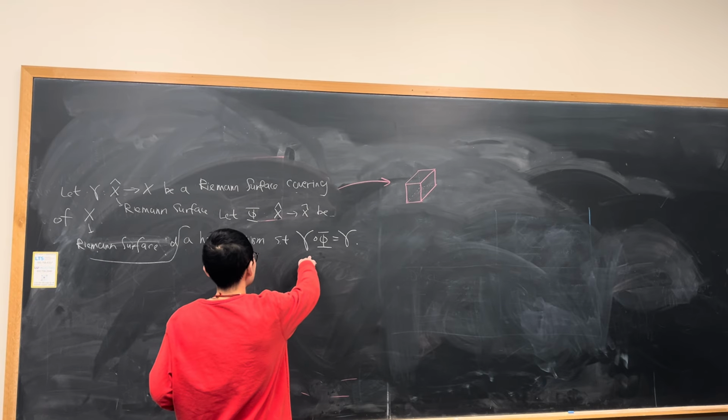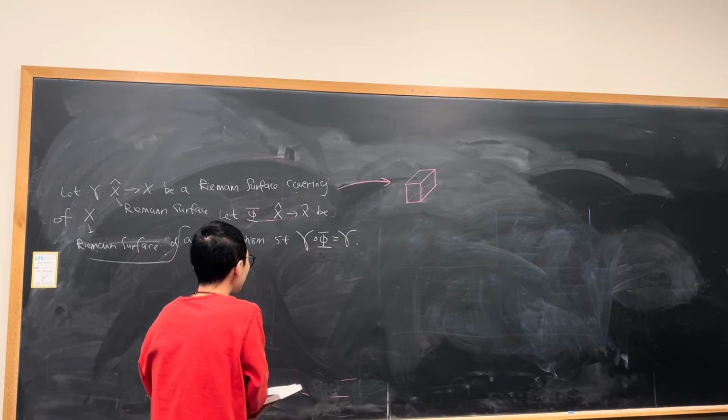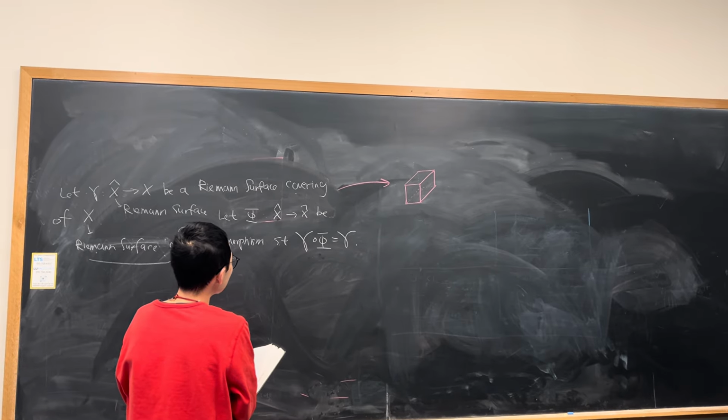We are composed with this one. So phi composed with gamma equals gamma.